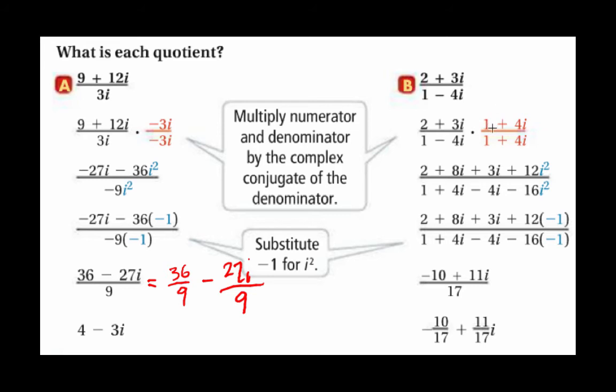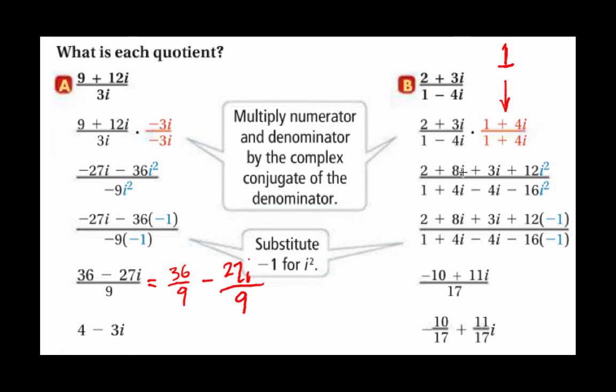I didn't mention this in the first part, but this ratio of the complex conjugates has a value of 1. So we are multiplying our given ratio by 1. We're just being very creative in how we go about creating that 1, and we can do that.